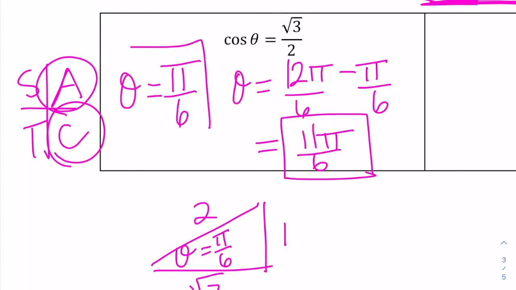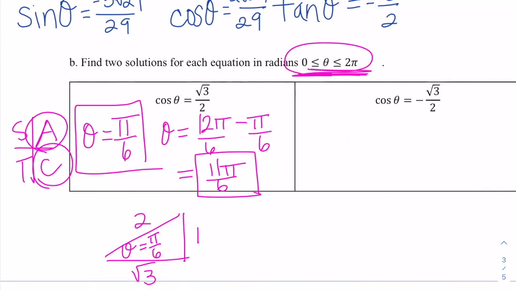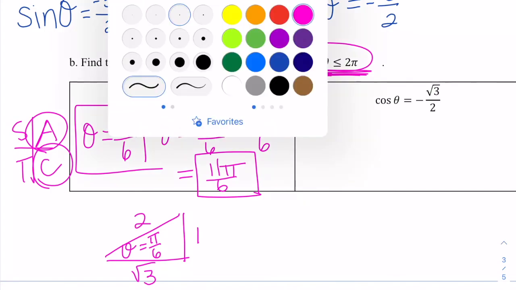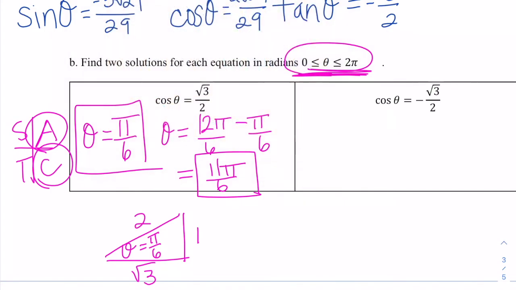So we have 2 rotations, 2 angles, 2 solutions, where cosine of theta equals root 3 over 2. Now we're looking for when the cosine of that angle is going to be negative root 3 over 2. So that's going to take us to the second quadrant and the third quadrant. So the same reference angle, pi over 6.